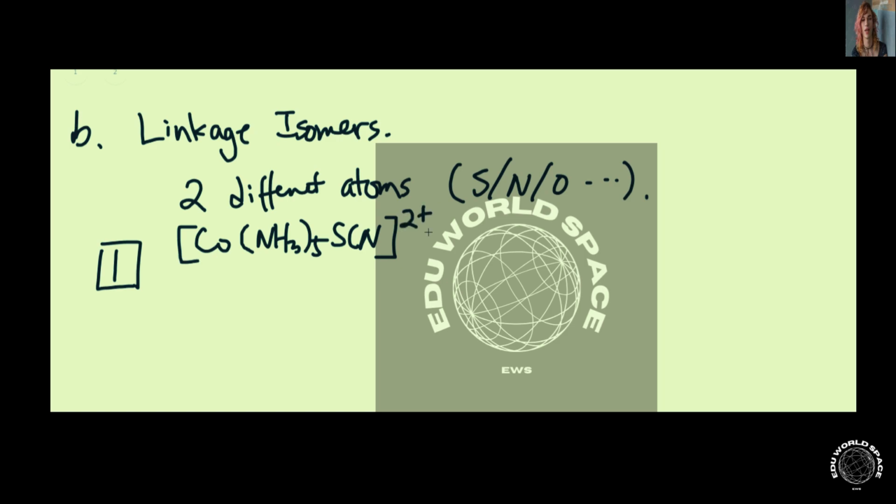Only this complex can have linkage isomers because it contains the ligand SCN, and the two atoms, sulfur and nitrogen, can donate an electron pair to the metal. So this complex can have linkage isomers, and I will draw the two structures right here.